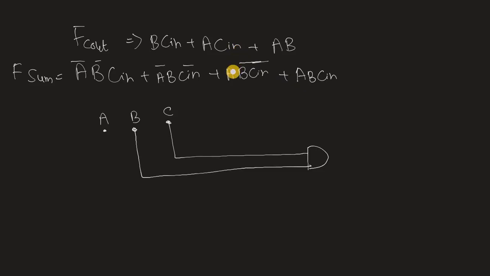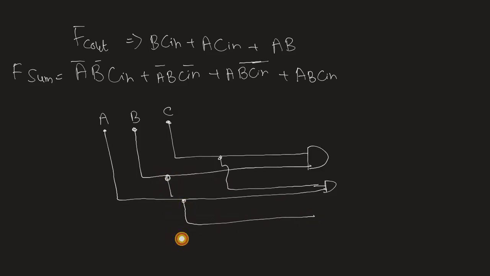Okay, b and c is done. Now a and c, so we have a and c. The diagram is going to look messy, but it's okay. Next we have a and b, so you can put a and the b input here. And now you need to combine these 3 using the OR gate, because there's a plus in between them. So that's how you do it for the carry out.